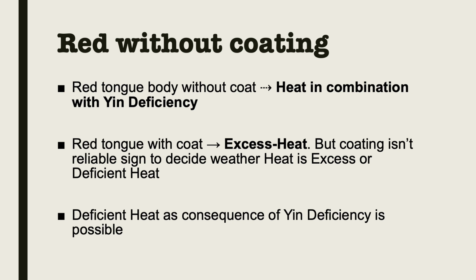A red tongue with coat is often analyzed as excess heat. This can be right, but daily practice shows that the coating isn't a reliable sign to decide whether heat is excess or deficient heat. Deficient heat as a consequence of yin deficiency is possible as well.